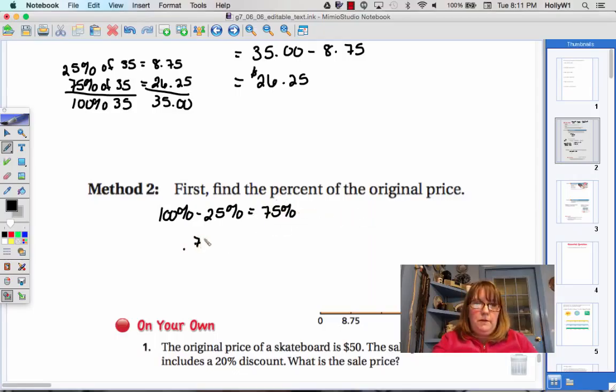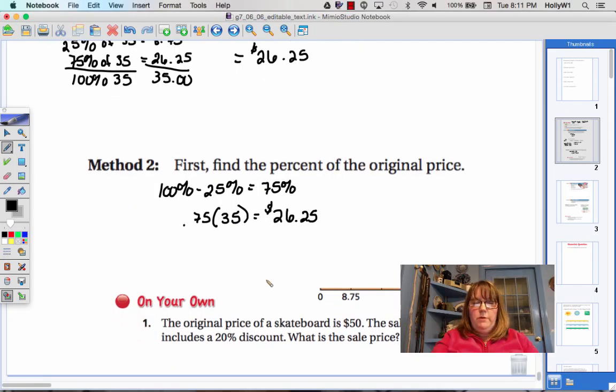Then you would multiply 75% by 35, and you would end up getting 26.25, which is the amount that you would have to pay. So on your own, why don't you do that, then pause it and see what you get.